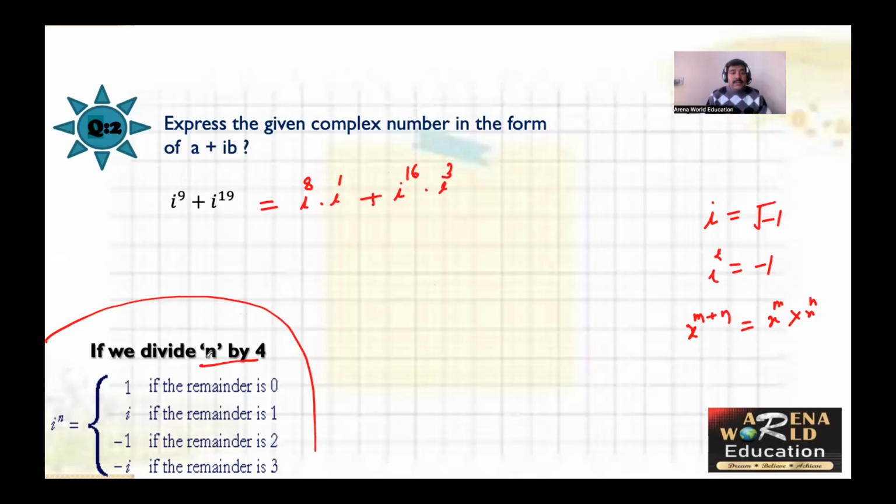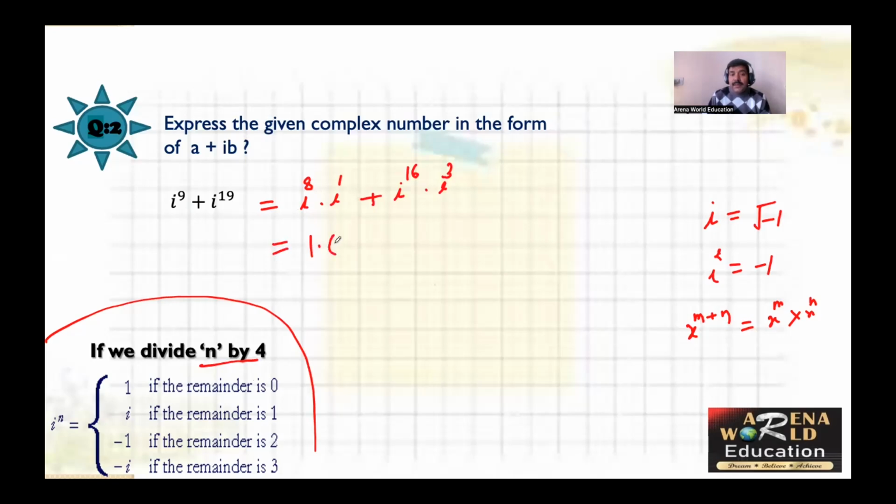So now look at this one. If we divide iota raised to power n by 4, then if the remainder is 0, the value will be 1. So here iota raised to power 8: if you divide 8 by 4, the remainder will be 0, so this part will be 1.